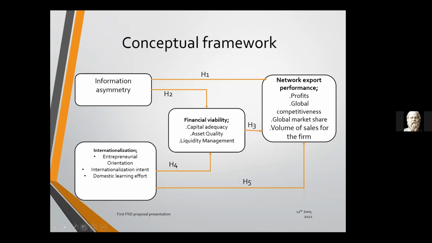And again, this is where you must think about your Bugisu and the other SMEs, whether they are actually participating in exporting networks. So the assumption here is that the original thinking is inadequate because they use single item measures.